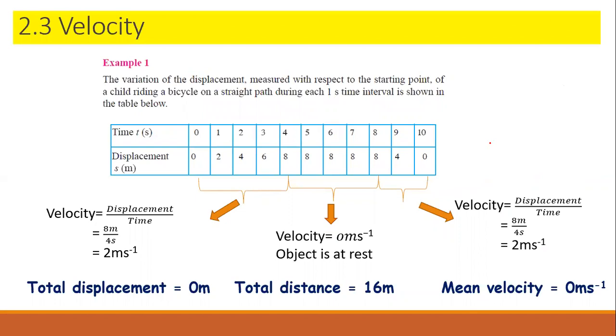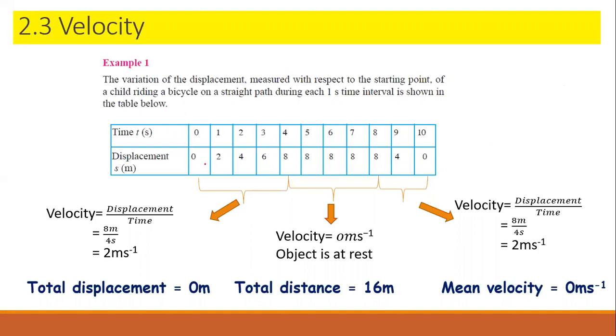Now we have a question here. The variation of the displacement measured with respect to the starting point of a child riding a bicycle on a straight path during each 1 second time interval is shown in a table below. So we have given 1 second time intervals and also the displacement done.